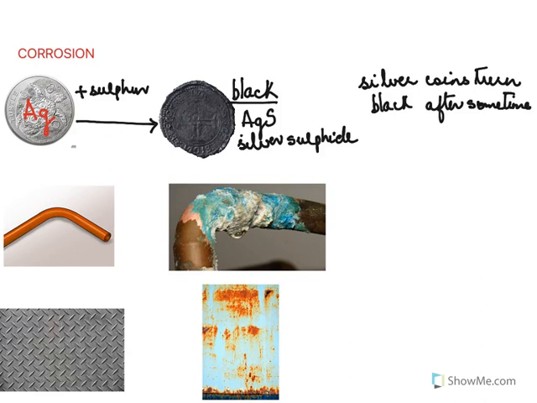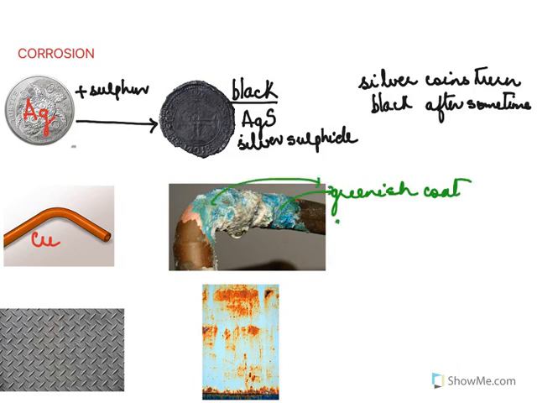Another example we see is copper. Copper here is a nice reddish brown, nice and shiny, but after some time you find a greenish coating on it. You noticed this greenish coat.